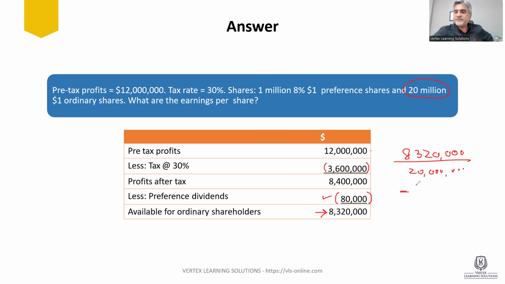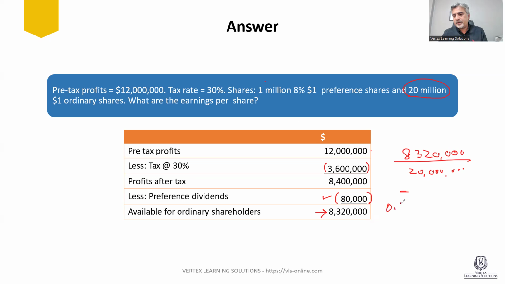And whatever it gives you, that should be the answer, 8,320,000 divided by 20 million. 0.416.